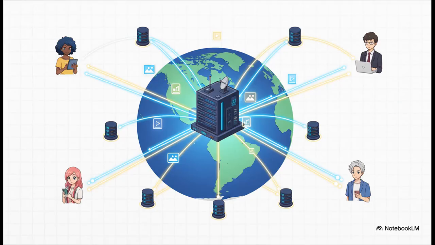All right, let's move on to our third type, the CDN, which stands for Content Delivery Network Cache. Picture this as a global network of libraries. Instead of everyone in the world trying to get a book from one single library, say in California, the CDN places copies of the most popular books, things like images, videos, and web pages, in smaller, local libraries all over the planet, way closer to the readers.